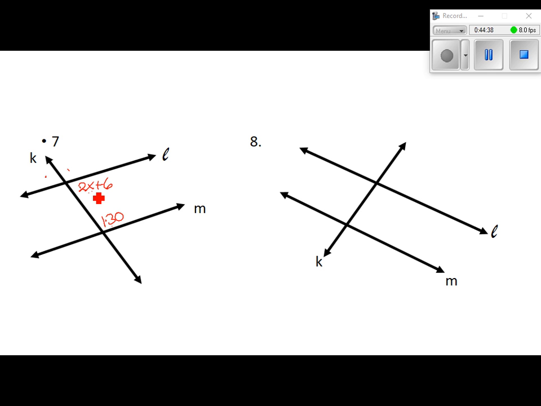What equation can I set up? 130 plus 2x plus 6 equals 180. Write that on your paper and solve it, so that we don't have to sit here for 5 minutes deciding that you got the wrong answer.